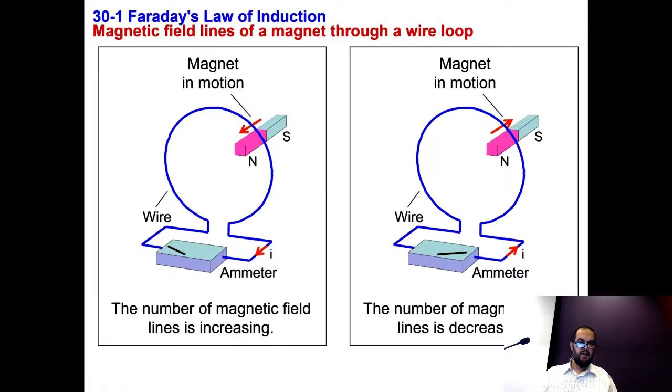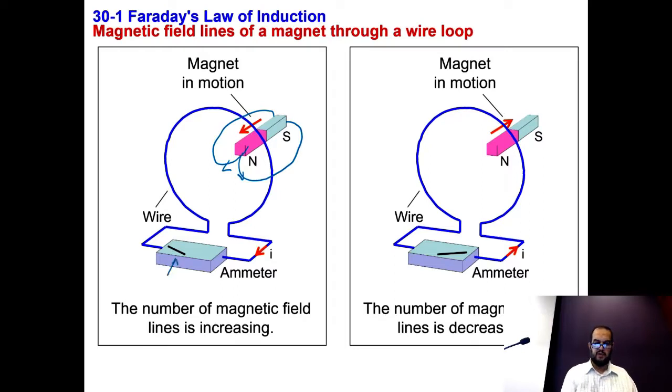So the magnetic field lines, let's say, for example, you're bringing the north pole. Remember, the magnetic field lines are like this. If you bring the north pole to this, you are increasing the number of magnetic field lines into this loop. When you are increasing it, the current it will generate is going to be in the opposite direction.